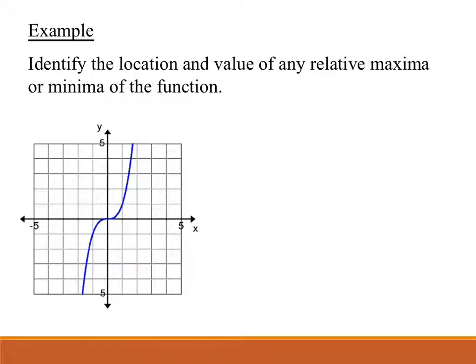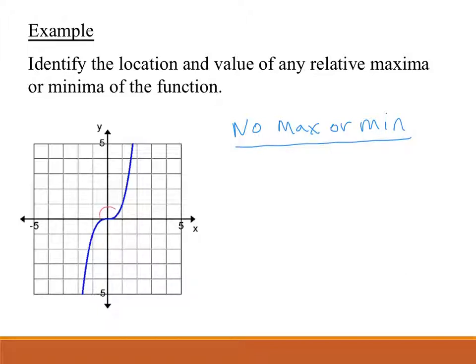So in this last function, we want to identify the location and value of any relative maximum or minimum in the function. In this case, there's no max or min. But guess what?